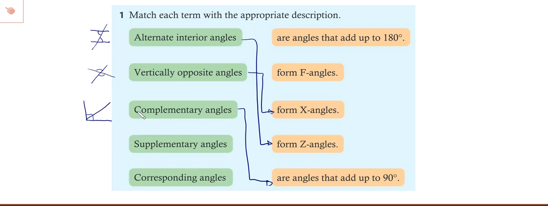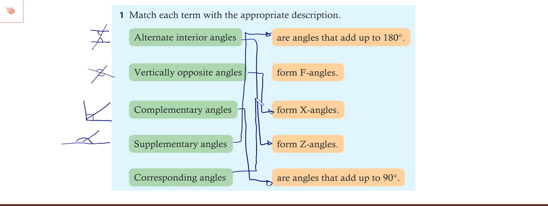Supplementary angles add up to 180. So that's getting lots of lines at the moment, but we would draw a straight line that is equal to 180 degrees and then draw a line through it, and that shows supplementary. Corresponding angles form F angles.